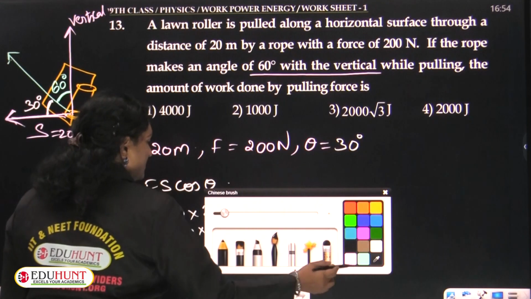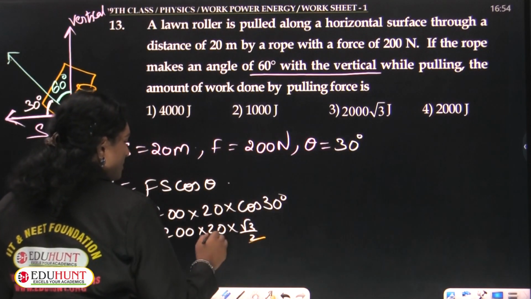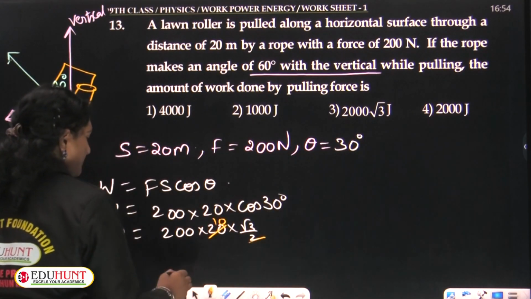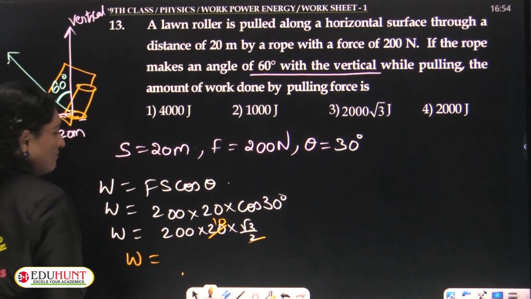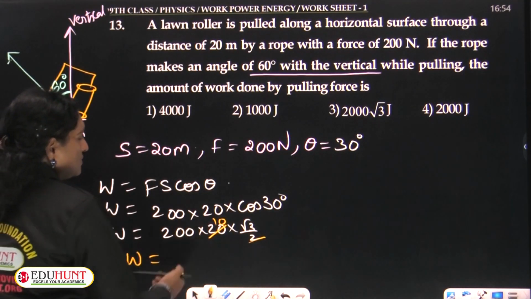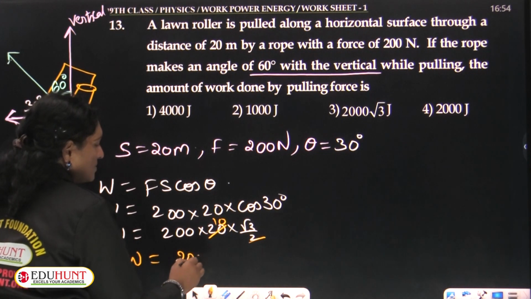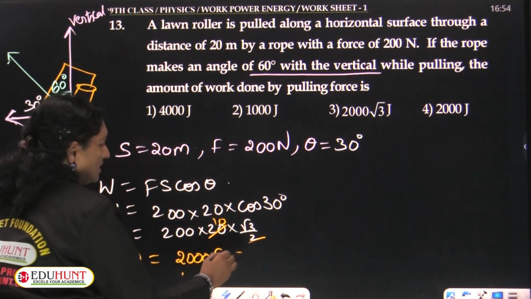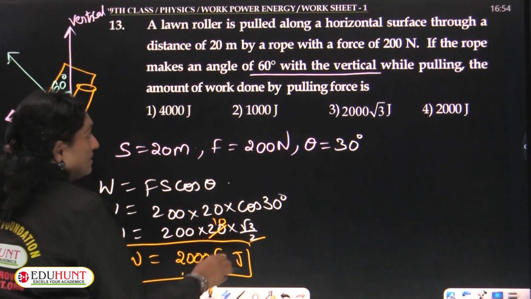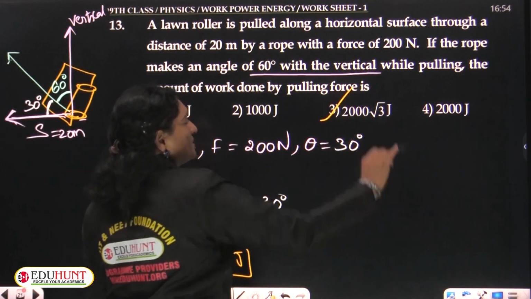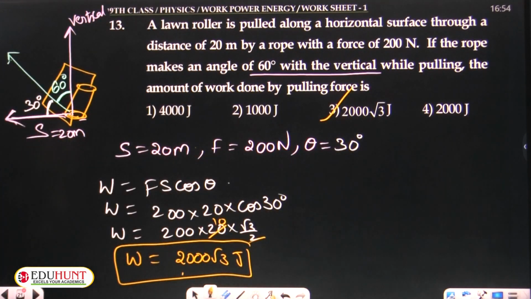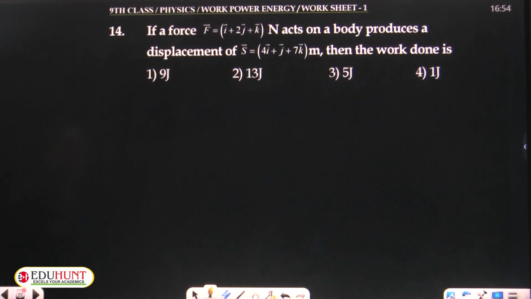Simplifying further, the 2 goes 10 times, and hence the final value of work done is 200 into 10, that is 2000 root 3 joules. So where is the correct option, children? Option 3 must be true, that is 2000 root 3.